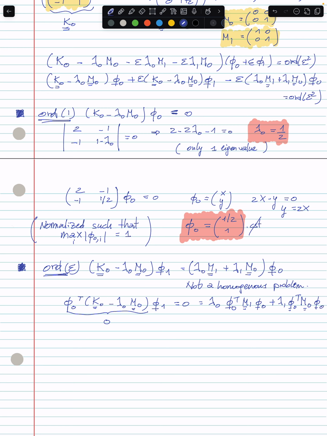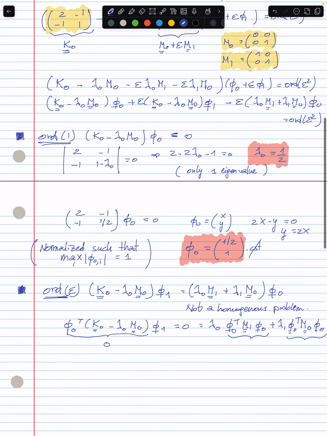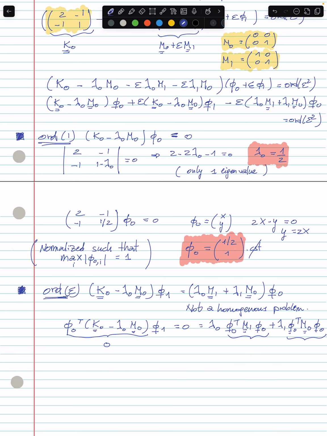From this we can get lambda 1. These quantities can be estimated easily. You see m1 is the identity matrix, so we can compute phi 0 transposed phi 0, which is 1/2, 1 times 1/2, 1. So that's 1/4 plus 1, 5/4.